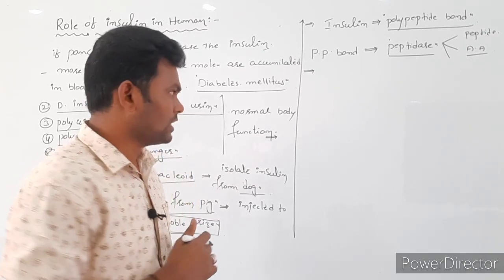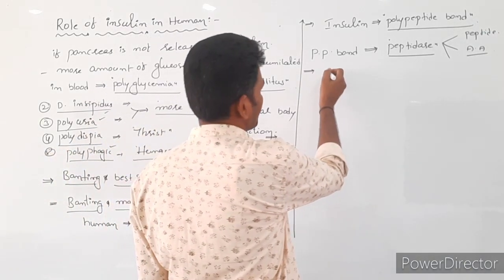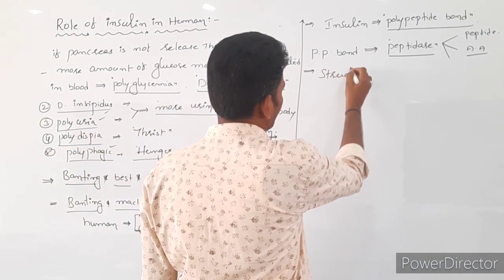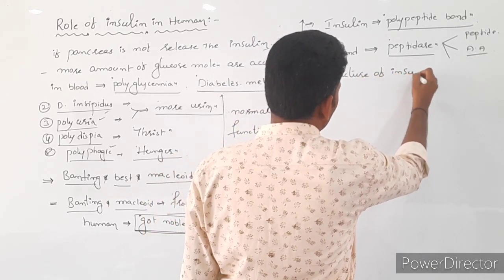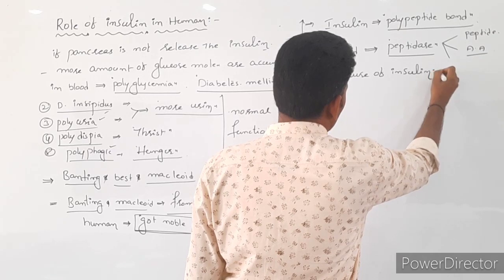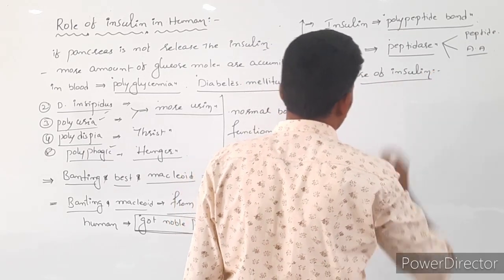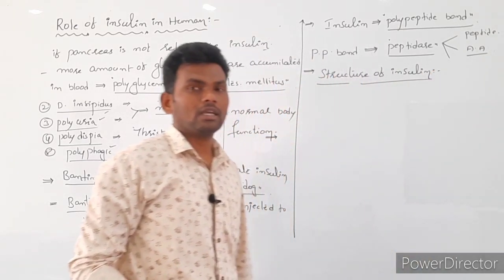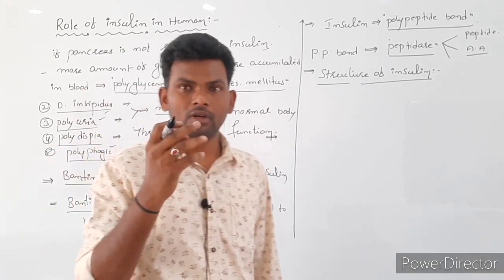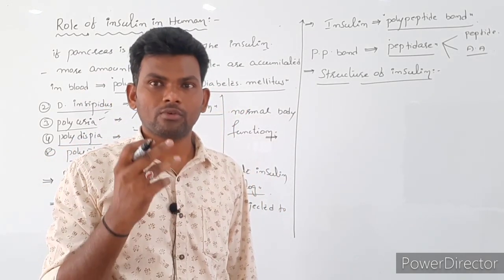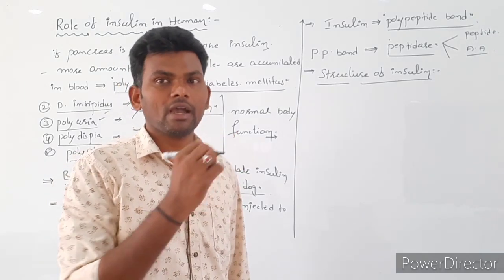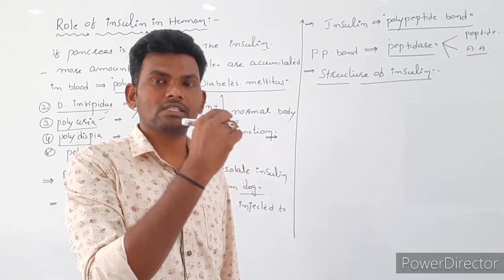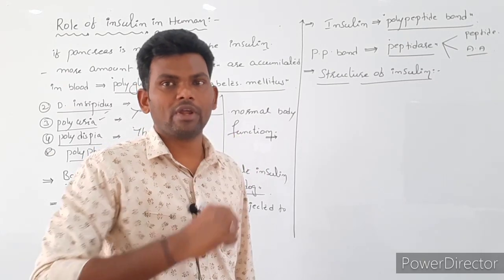Clear? Let's see the structure of insulin. Insulin is generally a combination of two long polypeptide chains, chain A and chain B. Chain A contains nearly 21 amino acids.